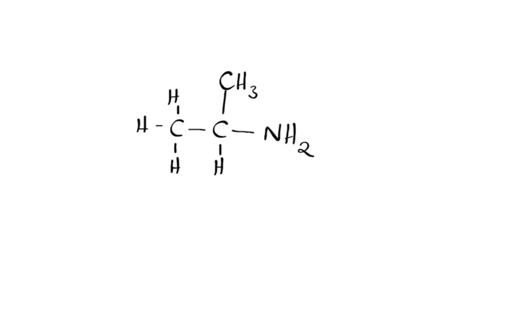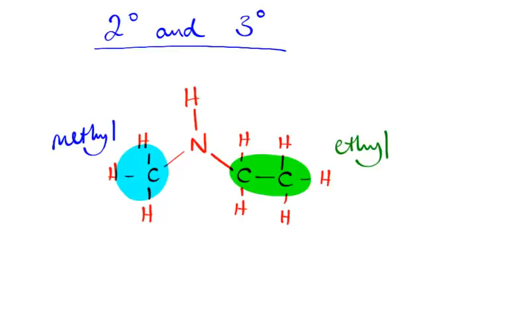So here is methyl ethyl amine, which gives us a bit of a problem when we go back and look at this one. So there's obviously the difference that we've only got 1 hydrogen attached to the nitrogen, and both of those alkyl groups are attached to the nitrogen.